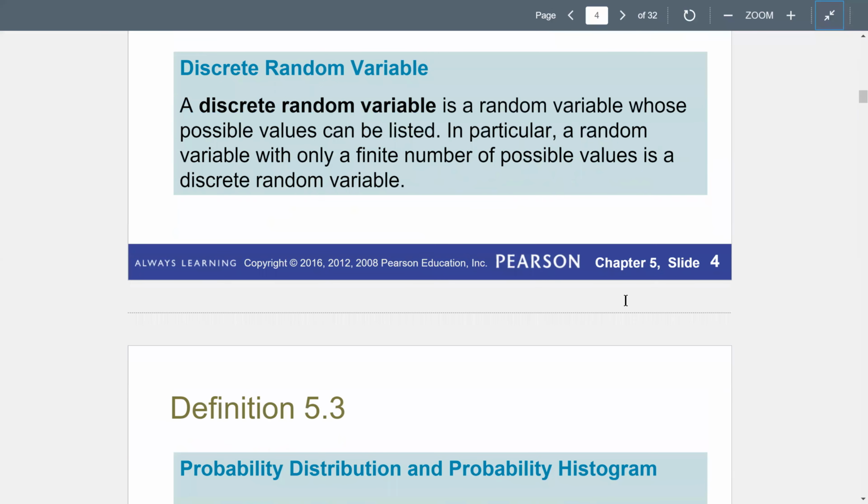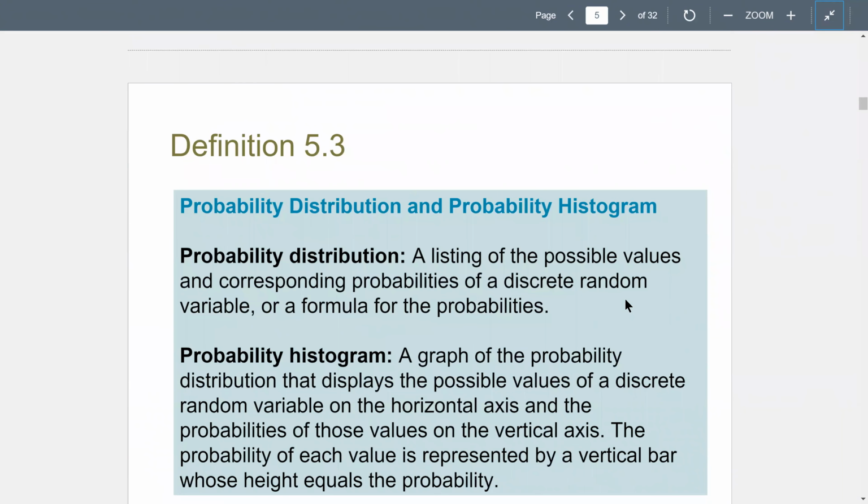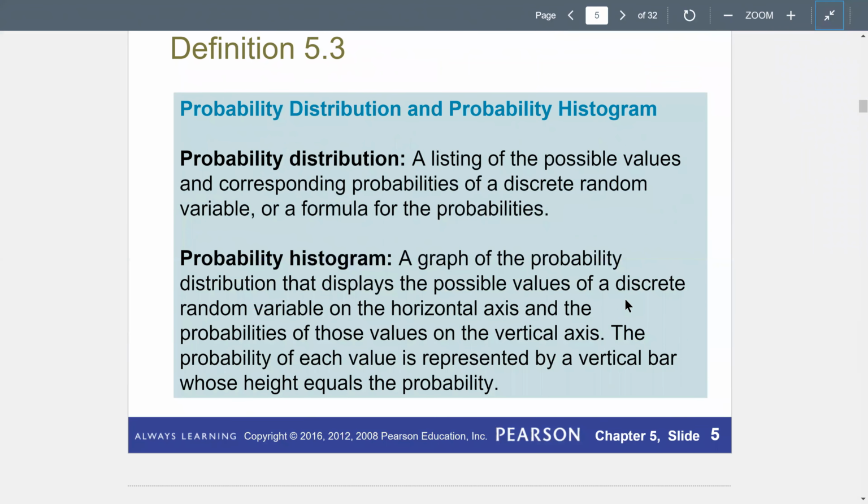For example, if you're tossing a coin n times, and each time you want to know the number of heads out of n such experiments, then you can expect the number of heads to be 0 or 1 or 2 all the way up to n heads.